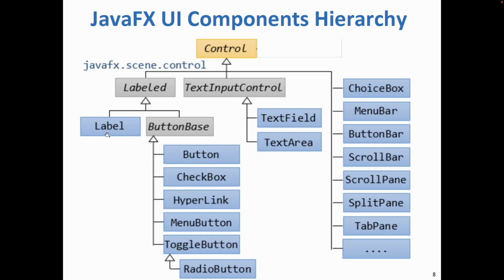In that one, we have Label, which the user cannot do anything with; it's not clickable. Or ButtonBase, in which the user can click: radio button, menu button, hyperlink button, and so on. Or the text input, where the user can provide textual data. It also has the menu bar, button bar, and all the other parts. So it has this kind of inheritance hierarchy.